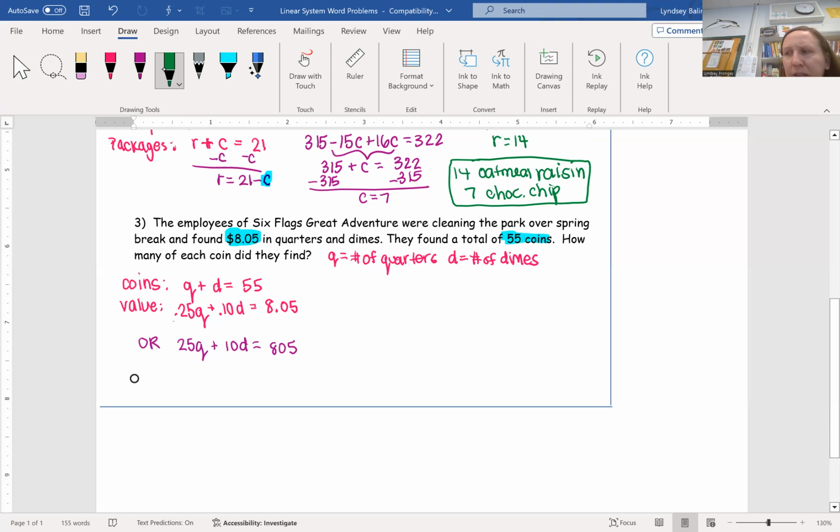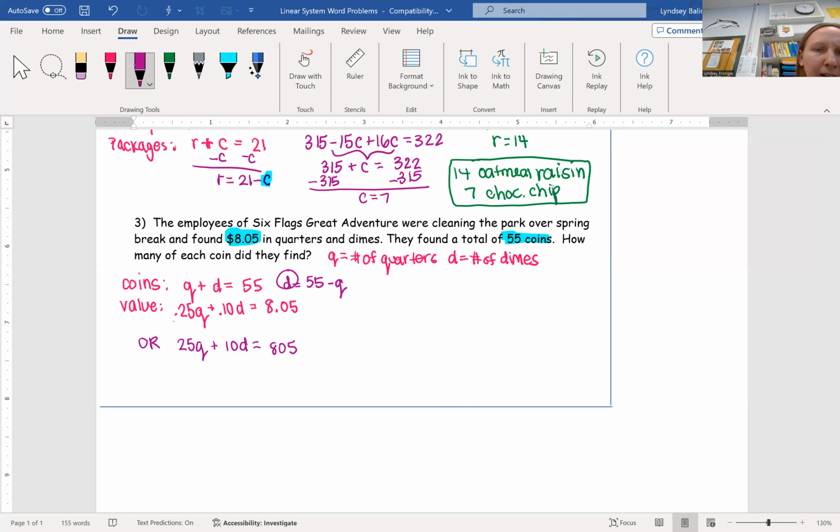Okay, and this one, I'm going to use substitution again. I'm going to get D by itself. You could do Q, doesn't matter. I'm going to do D. So that would mean we subtract Q, and this one turns into D equals 55 minus Q. And we're going to deal with some decimals, but we have calculators, so it's okay.